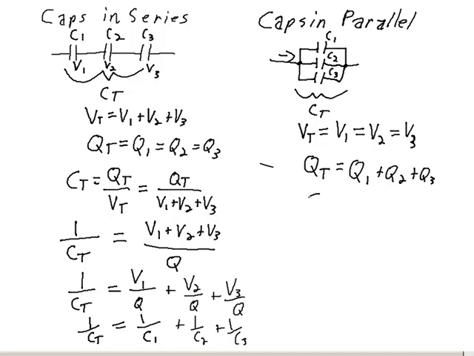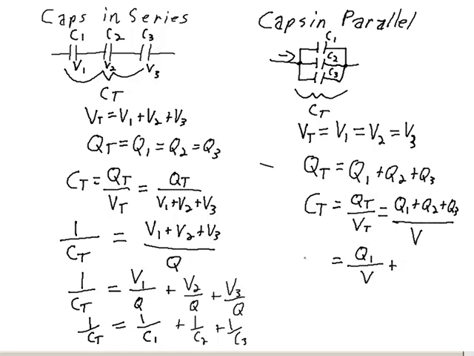So going back to the definition of what capacitance is, the total capacitance is going to be equal to the total charge divided by the voltage across the total system. And the total charge is equal to Q1 plus Q2 plus Q3. And then that's all divided by the total voltage, and the total voltage is going to be the same on V1, V2, and V3. So we can split that up.